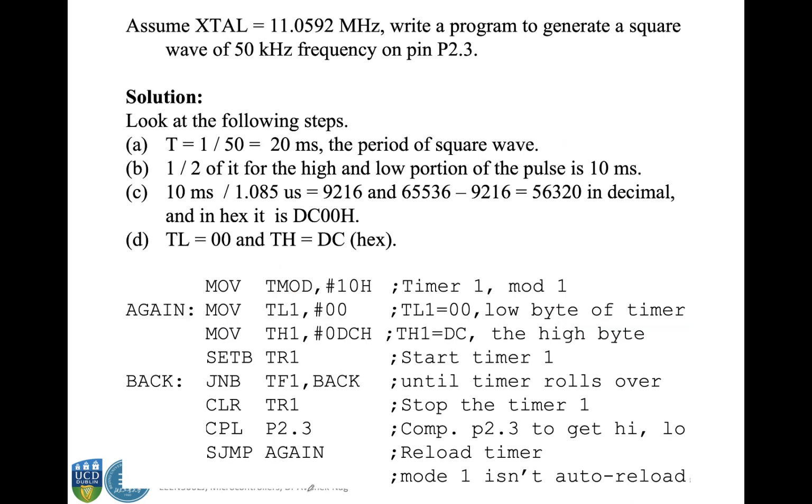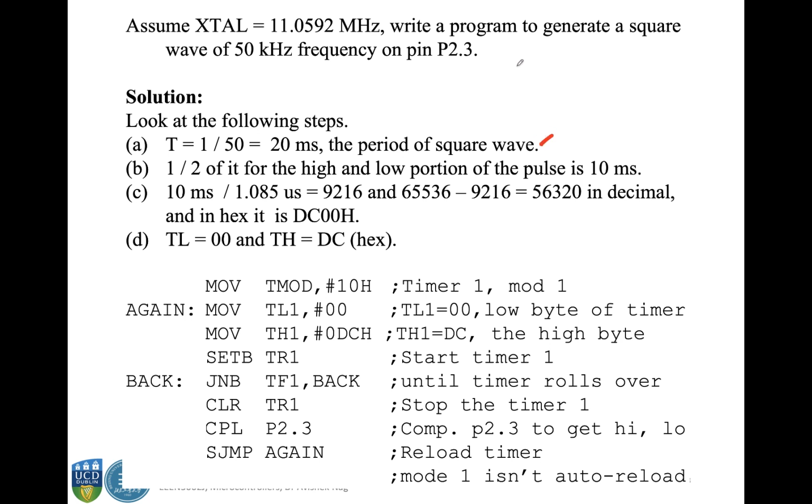So let's do another example. So assume your crystal is now 11.0592 megahertz. So you have to write a program to generate a square wave of 50 kilohertz frequency on pin 2.3. So you can do this by, let's say, calculating the period of your square wave first.